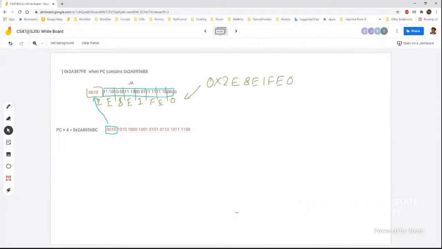Is that clear? Yeah, that helps. Thank you. So you need to really make the conversion to binary from the hex and cut out the patterns or rejoin the patterns according to the problem. In this problem, we cut out part from the PC plus 4, took that bit pattern, combined it with the instruction's bits and added 2 more bits, and then constructed the address.